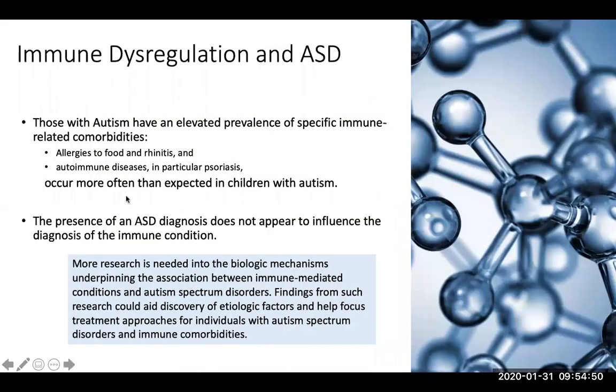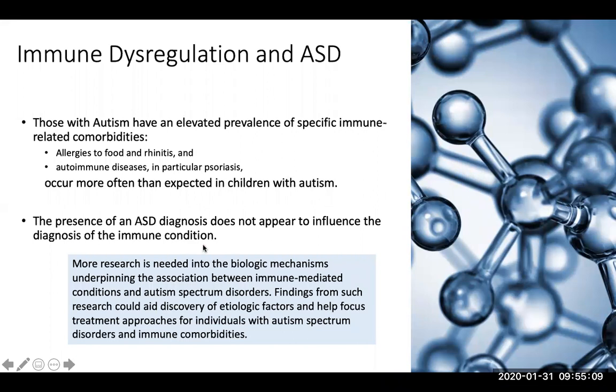Many people talk about immune dysregulation and autism. It has been seen that patients with autism have a higher prevalence of allergies to food and rhinitis, and a higher prevalence of autoimmune conditions, particularly psoriasis.